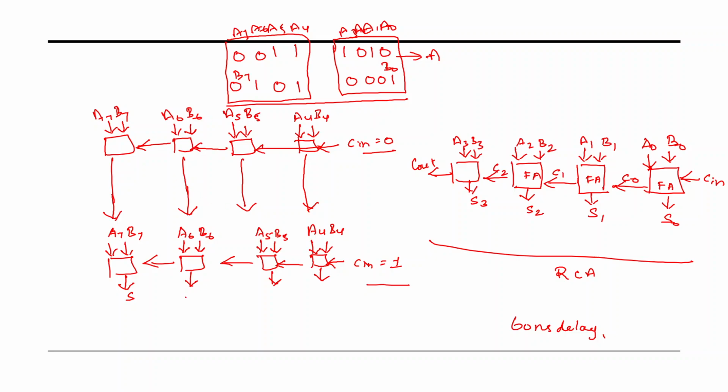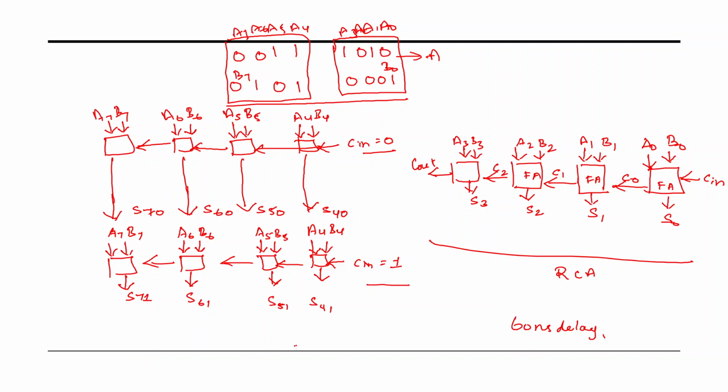So by 16 nanoseconds, all the sums will be ready: S4, S5, S6, S7. So S4,0 - the 0 indicates carry in as 0. S7,1 - this 1 indicates carry in as 1. So S6,1, S5,1, and S4,1.